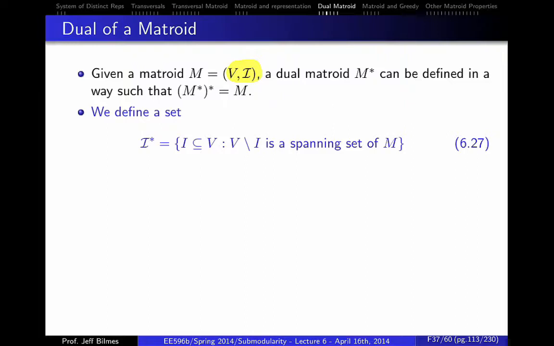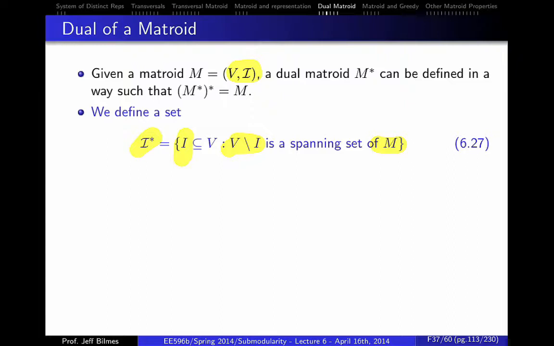And we're defining the dual of the matroid as that matroid that has as independent sets I, such that I's complement is spanning in the original matroid. So if you are a set, and the complement of the set is spanning in the original matroid, then you're independent in the dual matroid.